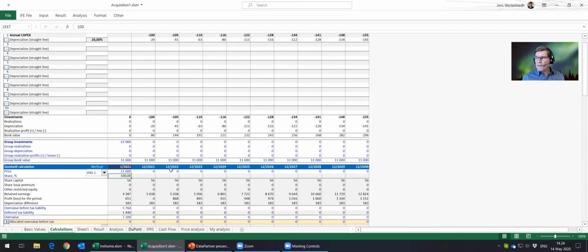To see the impact on income statement and balance sheet on group financial statements, it only works for majority ownership, like more than 50% upwards, so that it's like a subsidiary, but not for minority. This program does not support a minority impact. But of course, for valuation, you can take any share of the companies. That's not a problem. You will of course consider only your share of the net present value.